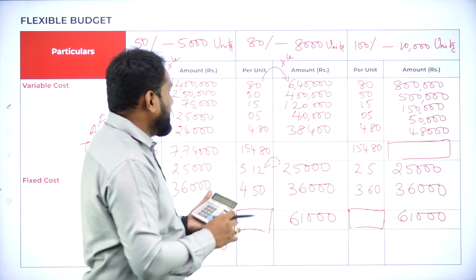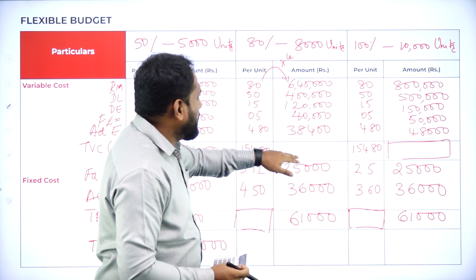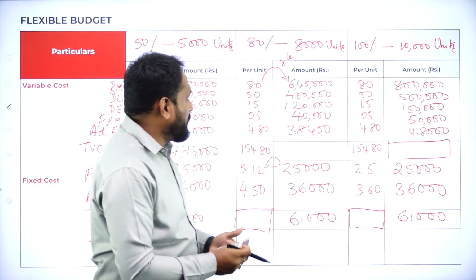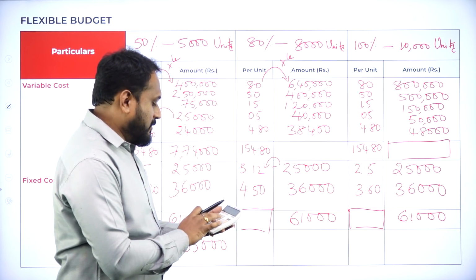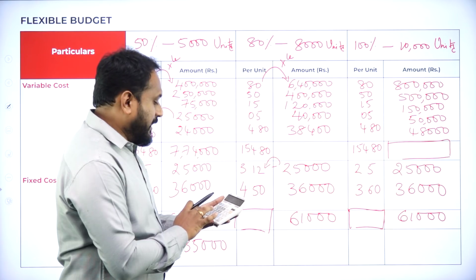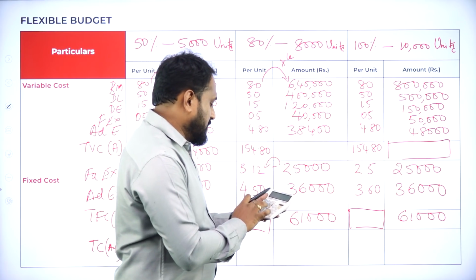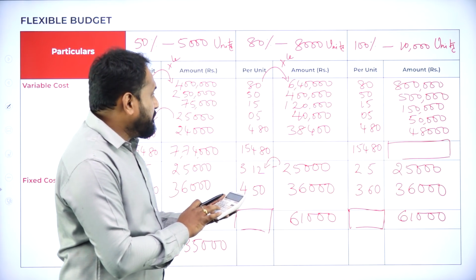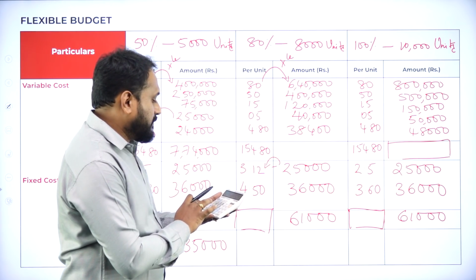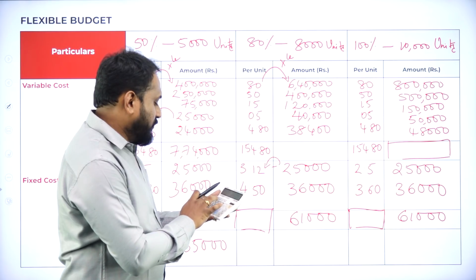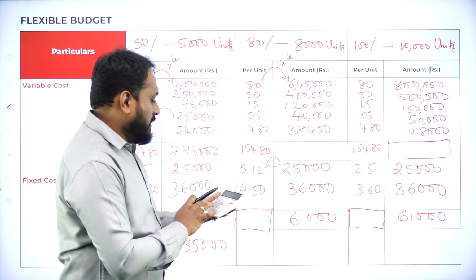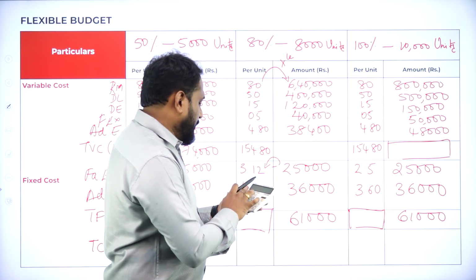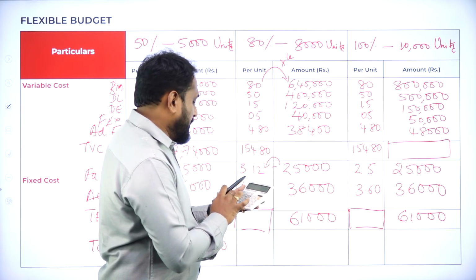64, 40, 12, 40, then 38 exactly you have. So write down 6,40,000 plus 4 lakh, then plus 1,20,000, then plus 40,000 you get, again plus 38,400.